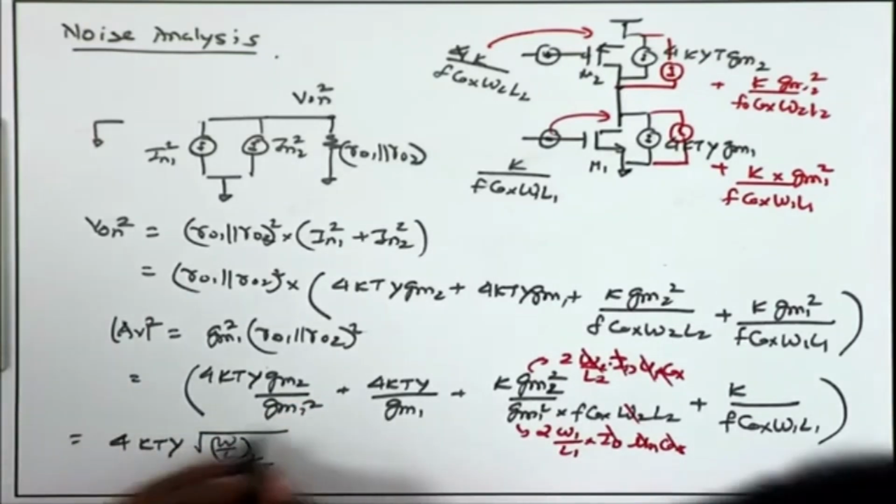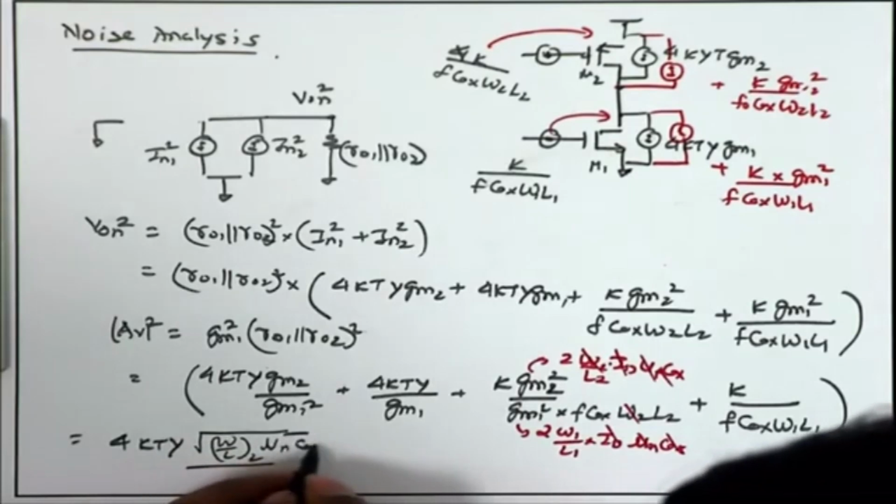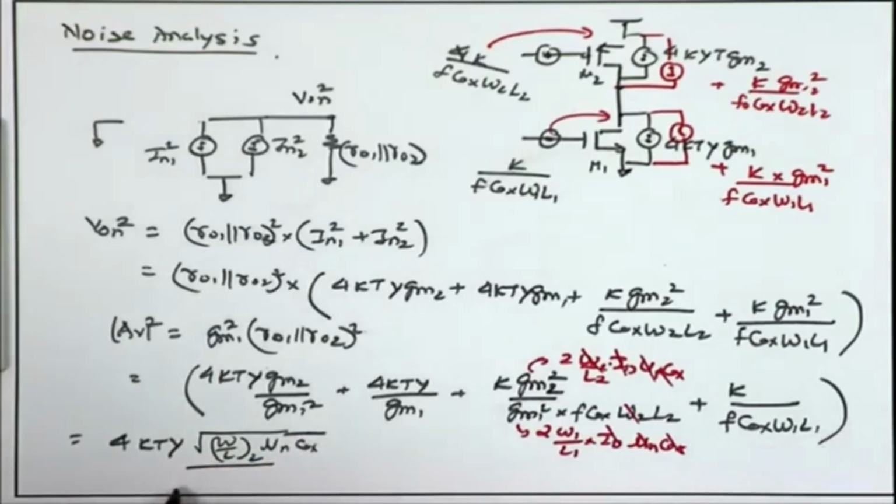Sorry, it does not get cancelled. You have, suppose, mu N COX and ID goes to the denominator. We have GM1 square as 2 ID W by L. So, you have W by L1 and you are having root under ID coming over here, and you have the COX and the mu P coming over here. This is the first term.